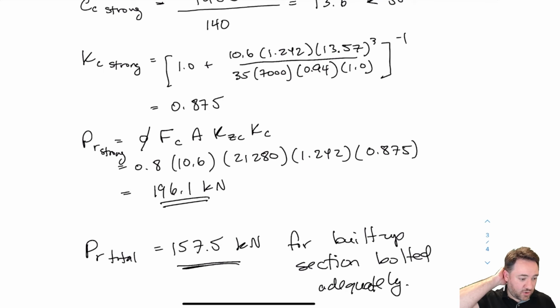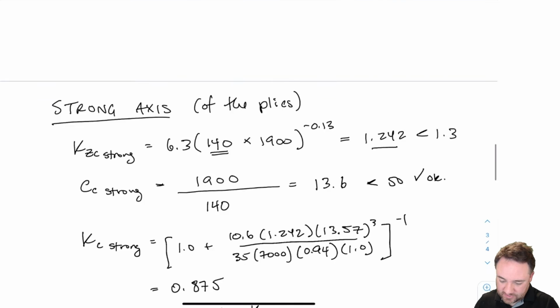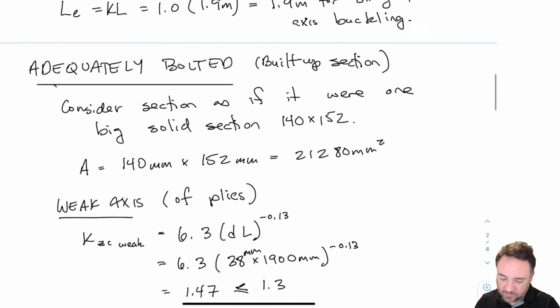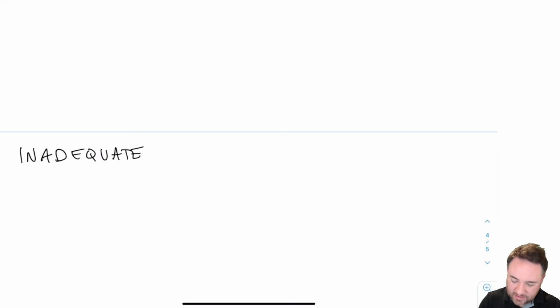Okay, so now let's go back and repeat this process if we have inadequate bolting. So here before we were doing adequately bolted, so now we're going to do inadequately bolted, and we are going to consider that each of these sections is basically an independent section, inadequately bolted.